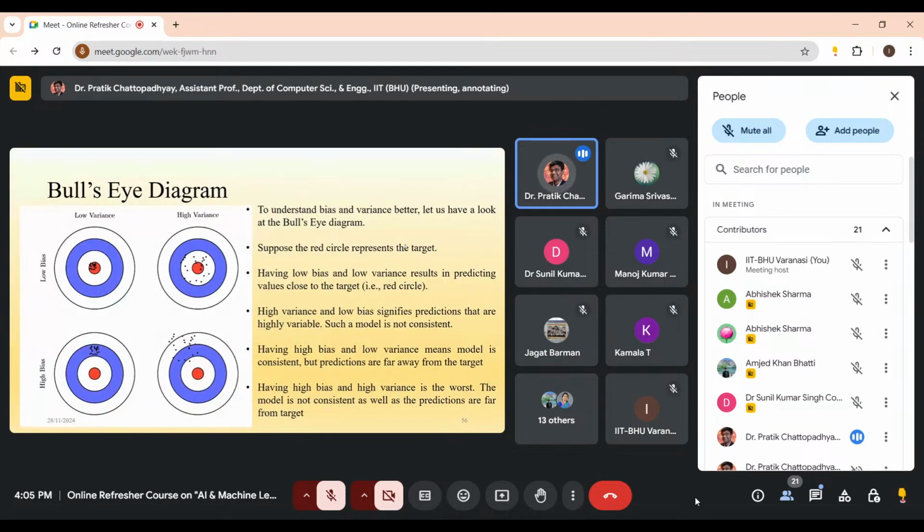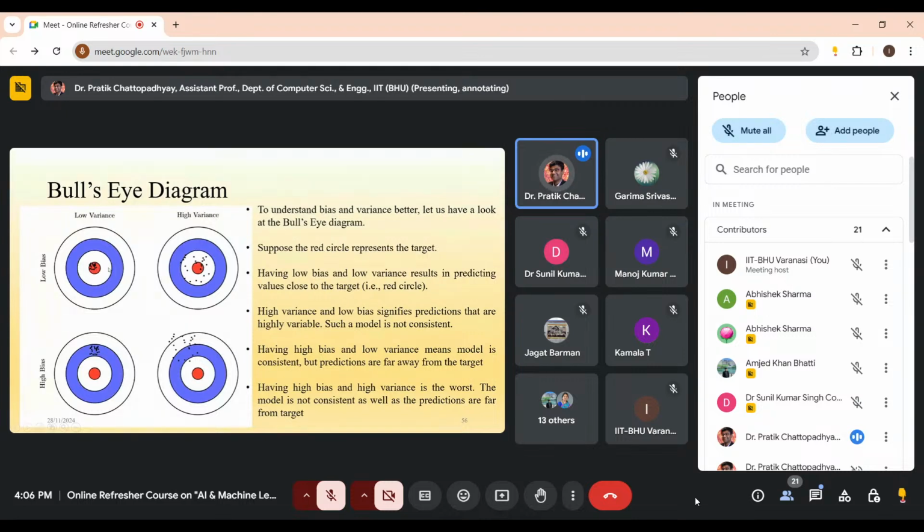This is a very popular diagram which is used to explain bias and variance. Basically, you want to hit the target, and you are always able to hit it within this red zone. So your prediction is not varying much, its variability is low and your bias is also low.